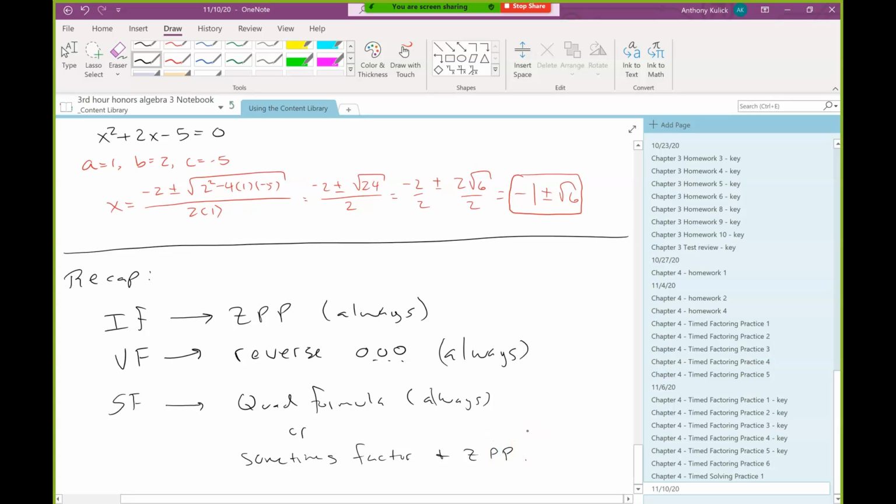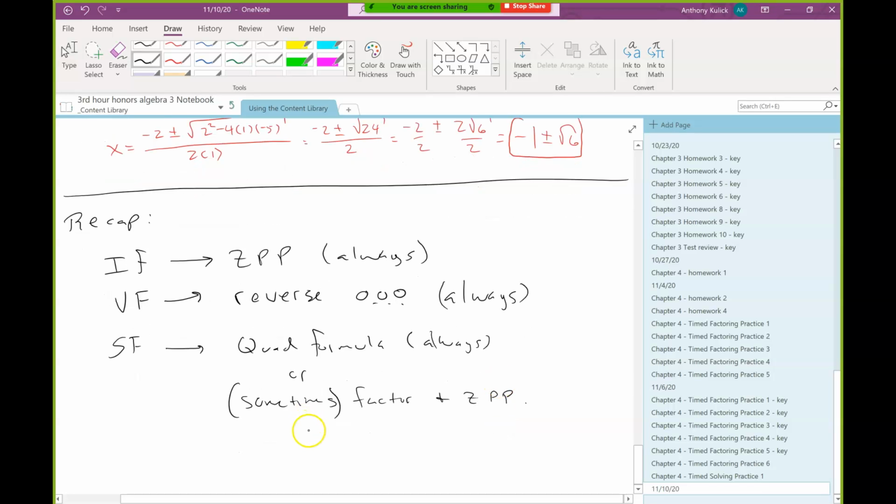Or I guess I should probably also say, or sometimes we can think of it as a vertex form and use the reverse order of operations.